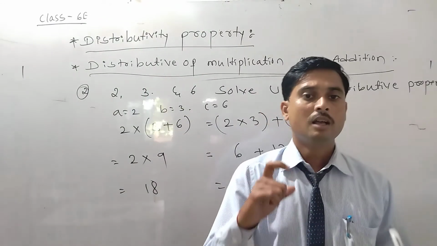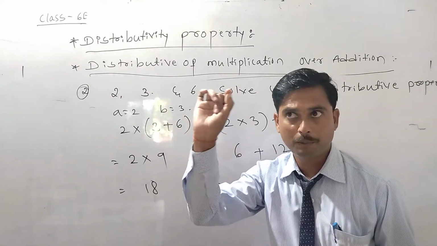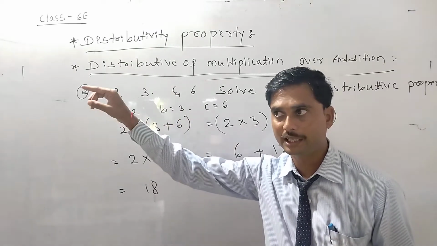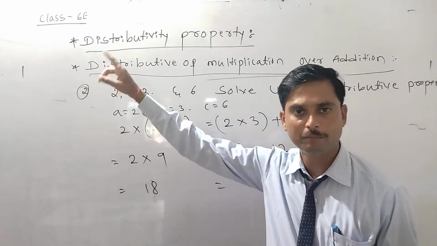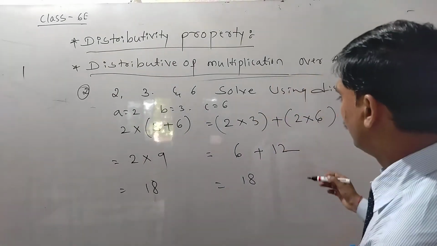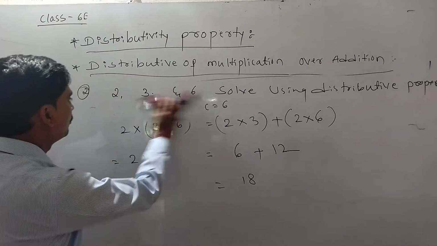Another one is the associative property of addition: A plus bracket B plus C bracket complete is equal to bracket A plus B bracket complete plus C.